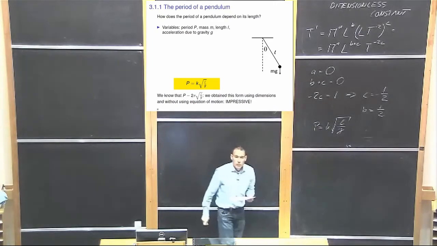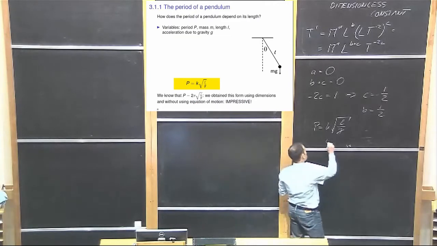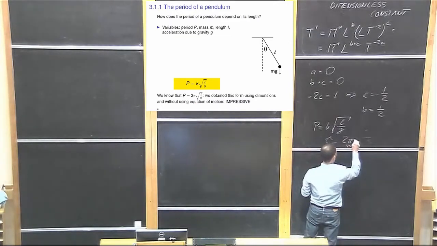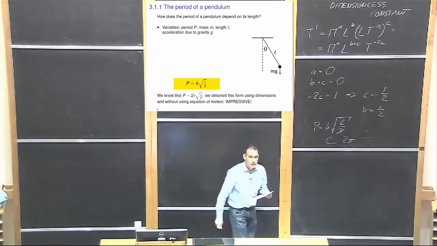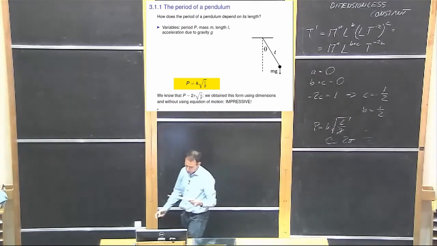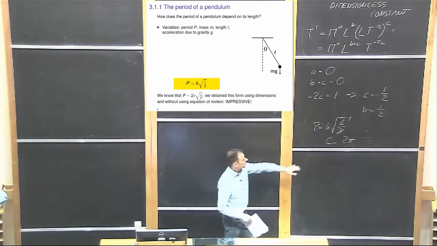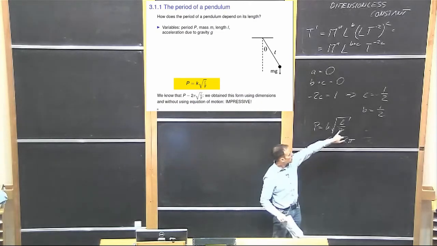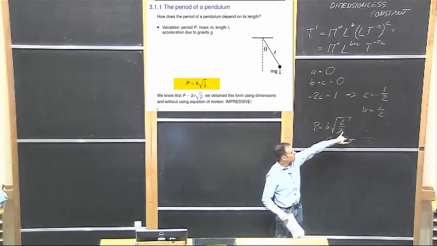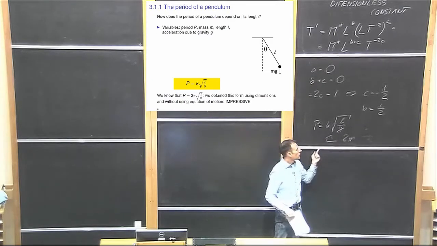K we didn't get. If you work it out, it's 2 pi. But there's nothing we can do about this here in the dimensional analysis. But we arrived at the relationship that the period is only a function of the length and the Earth acceleration, or the acceleration in which you swing the pendulum.